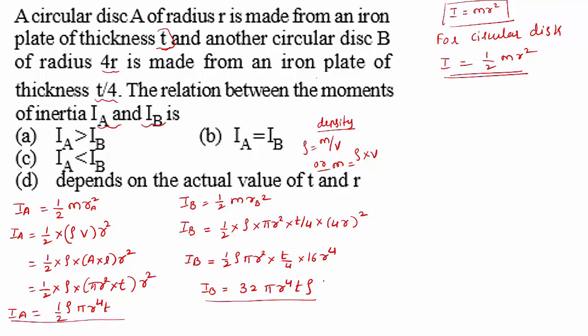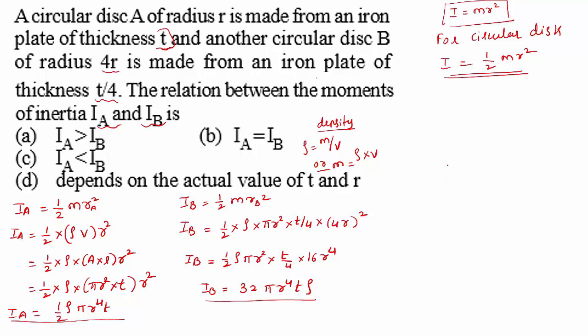Now we want to know which is greater, either I_B or I_A. See the value of I_B and I_A, which is greater here? So directly we can write I_B is greater than I_A because it is 1 by 2 rho pi r raised to 4 into T. Pi r raised to 4 T rho, everything is the same here in both cases. But here it is 1 by 2 but it is 32 times.